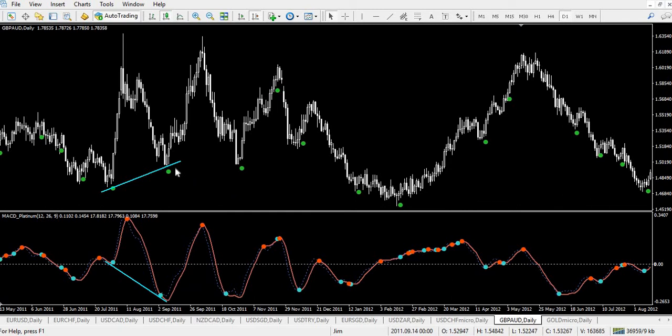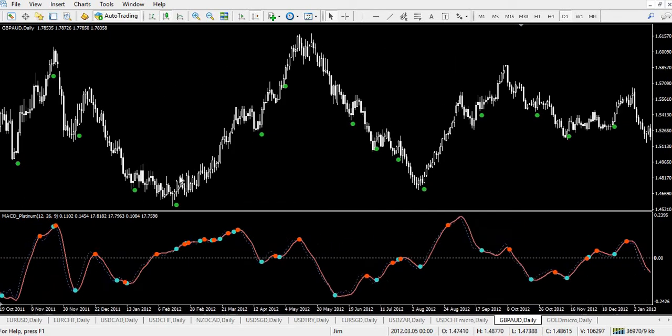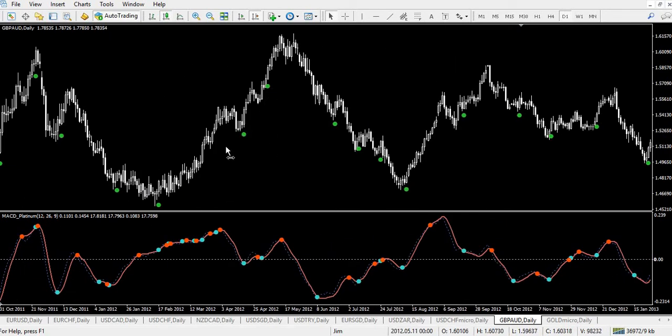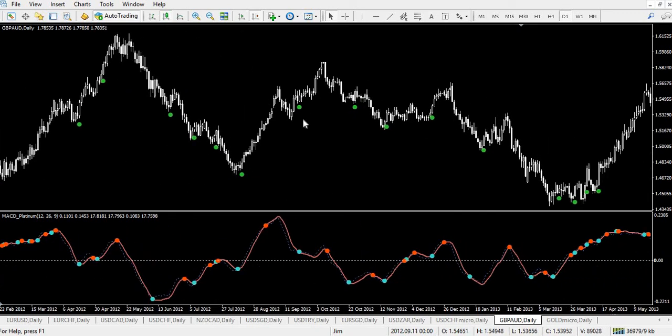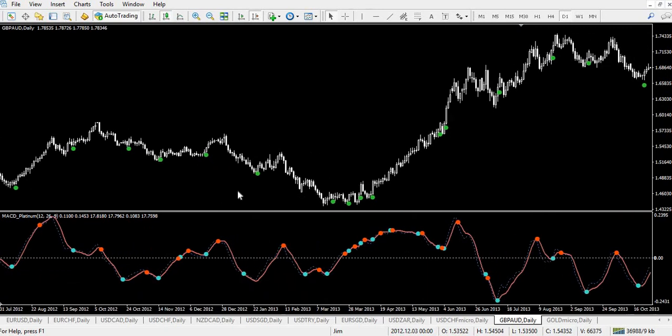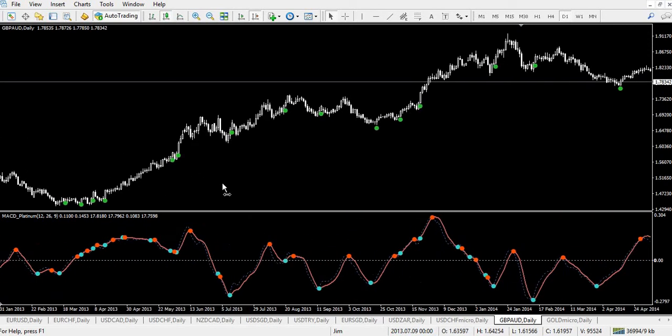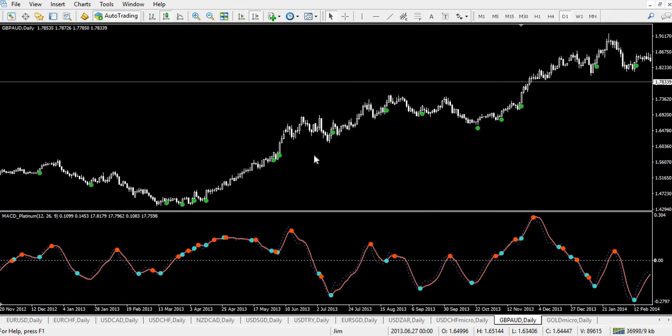So what am I looking for? Price is up, MACD's down. That's a really good setup. There we go, there's a good setup.